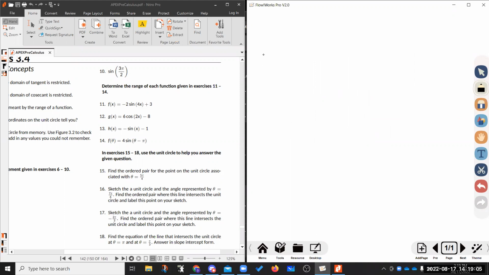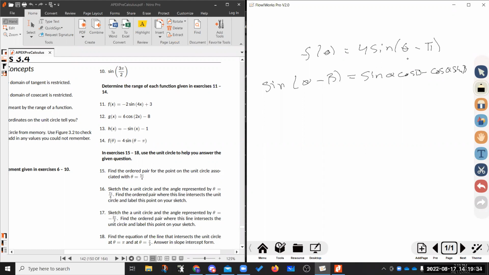Now we've got f of theta is equal to 4 sine of theta minus pi. So we have a formula for sine alpha minus beta, that's sine alpha cosine beta minus cosine alpha sine beta.